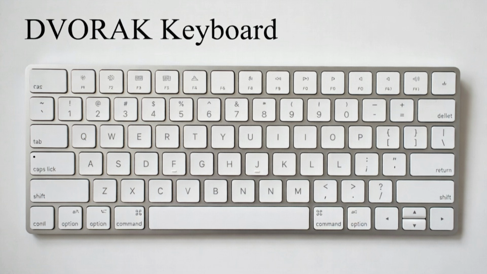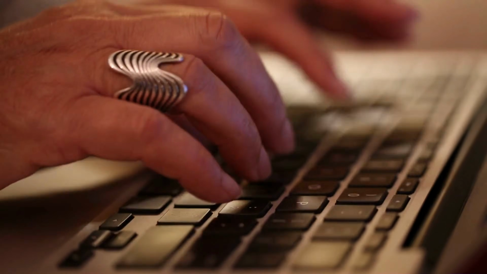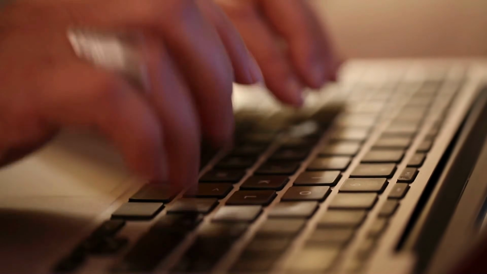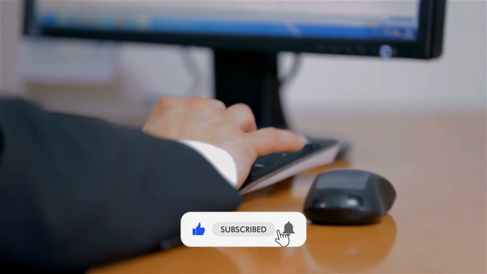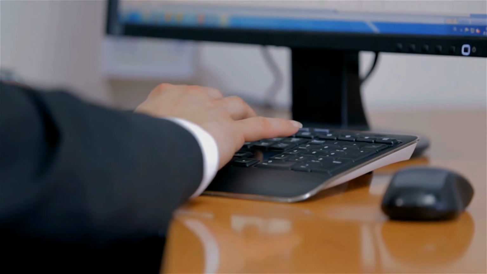The Dvorak simplified keyboard placed the most common English letters on the home row, balanced the workload more evenly between the hands, and reduced the distance fingers needed to travel. Studies and advocates claimed significant gains in speed and reductions in fatigue.